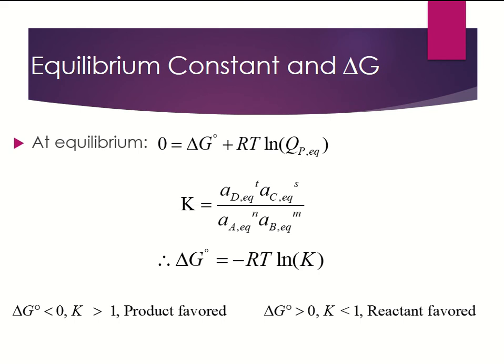The reality is, though, when we're talking about delta G naught, we're not talking about the spontaneity of a reaction if all of the substances are not under standard conditions. The better way to discuss delta G naught and the impact of sign is to look at it this way. If delta G naught is less than 0, we know that we have a product favored reaction. If delta G naught is greater than 0, we know we have a reactant favored reaction.